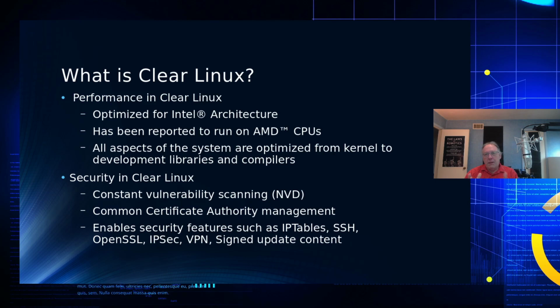So, being that they are the creators of the distribution as well as the inventors of the Intel platform, you have to expect that this is going to be heavily optimized for Intel and not AMD. They optimize all aspects of the distribution, from the kernel to the development libraries to the compilers. Everything is really designed around getting the most performance that is possible out of an Intel chip.